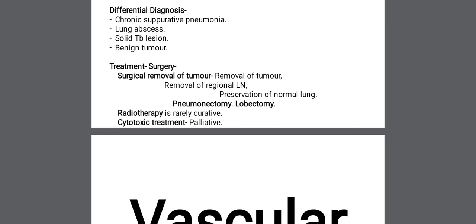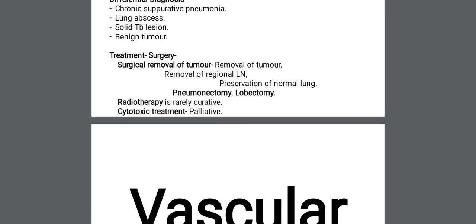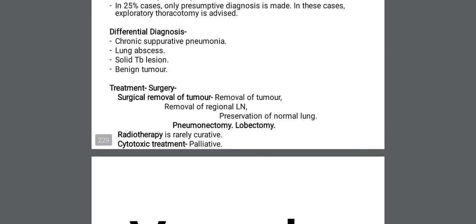Then lastly, treatment, that is surgical removal of tumor is the treatment for CA bronchus, that is removal of tumor or removal of regional lymph nodes and preservation of normal lung.